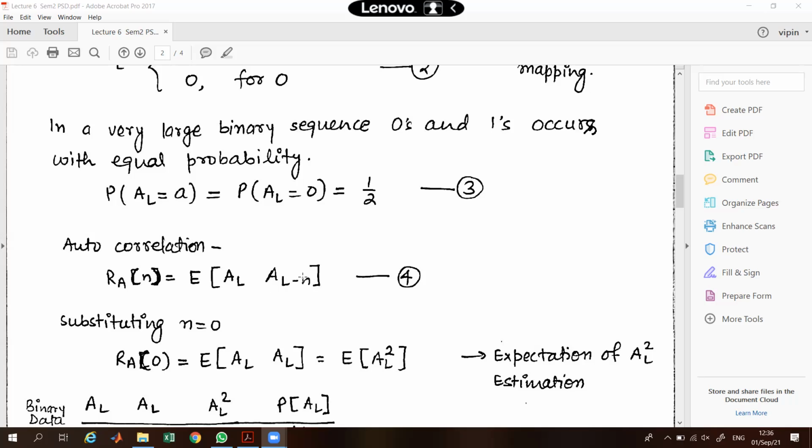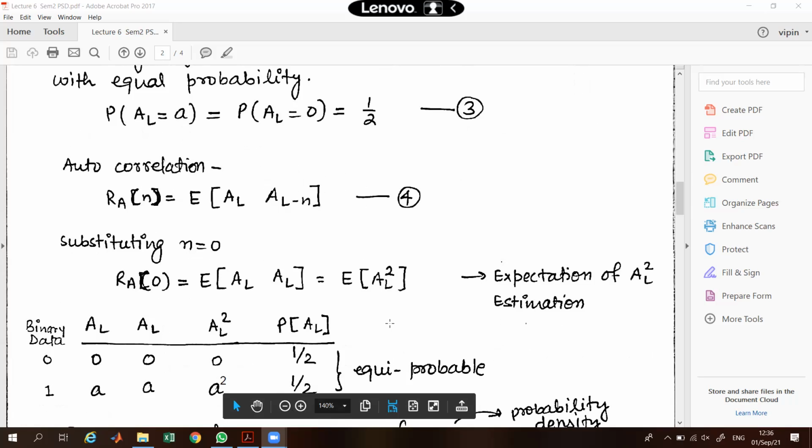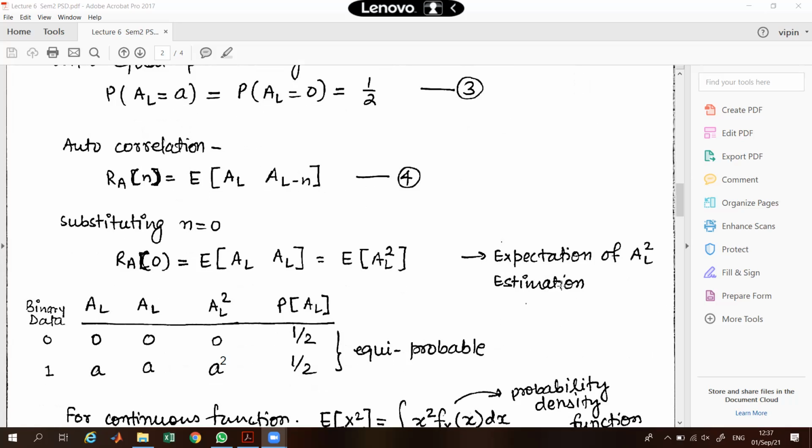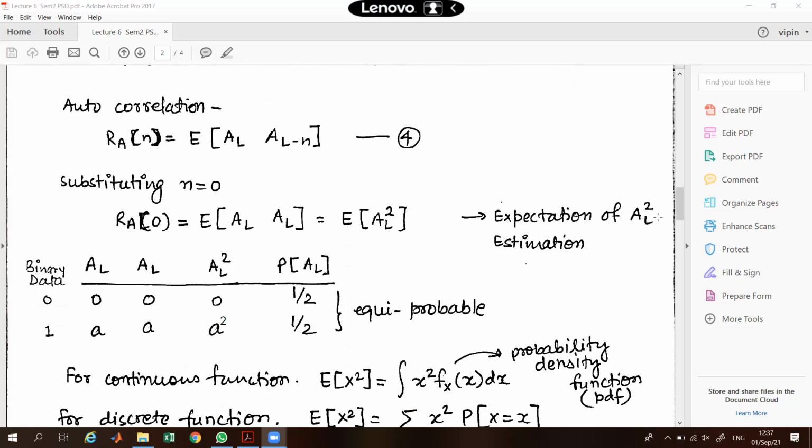So maybe n equals 0, n equals 1, n equals 2, and so on up to n equals L. If we substitute n equals L, we can say that the expectation E of A_L and A_L is basically E of A_L squared. So we have to find the expectation of A_L squared.